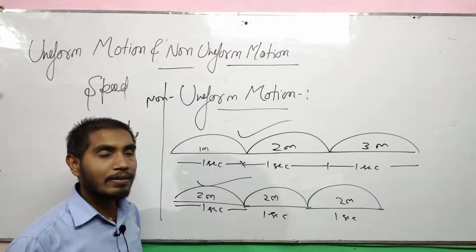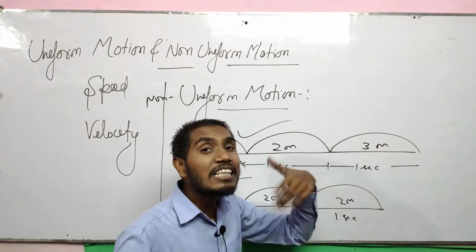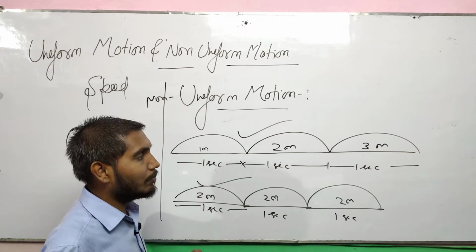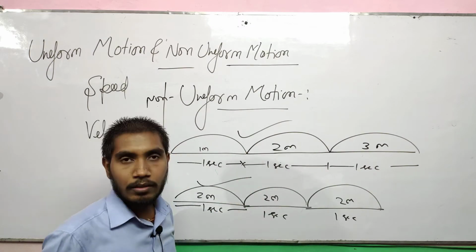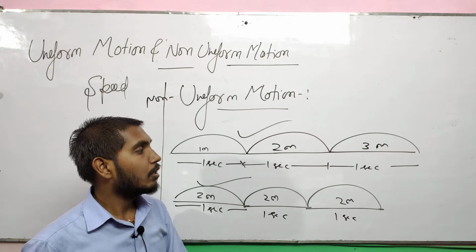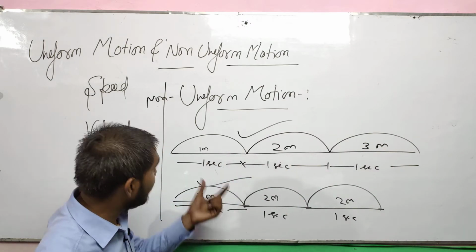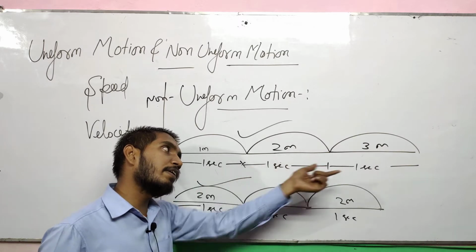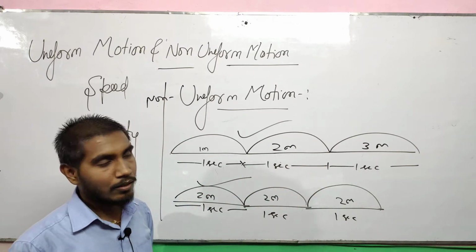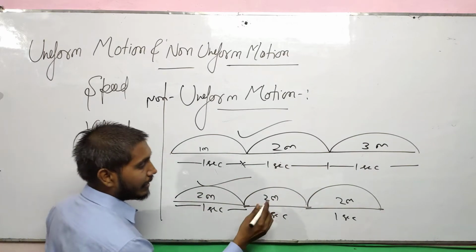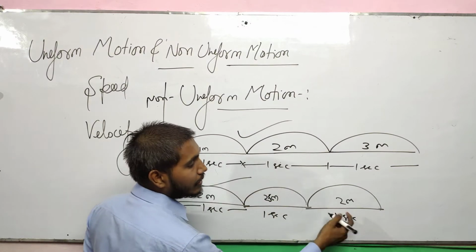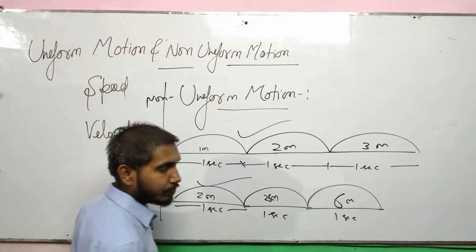So what is non-uniform motion? When any object travels unequal distance, first second 1 meter, second second 2 meter, third second 3 meter, not equal distance, but the time interval is the same, every 1 second. First second 2 meter, second 2.5 meter, third second 6 meter.